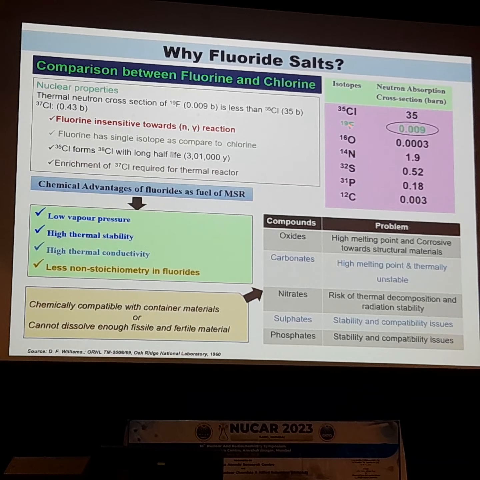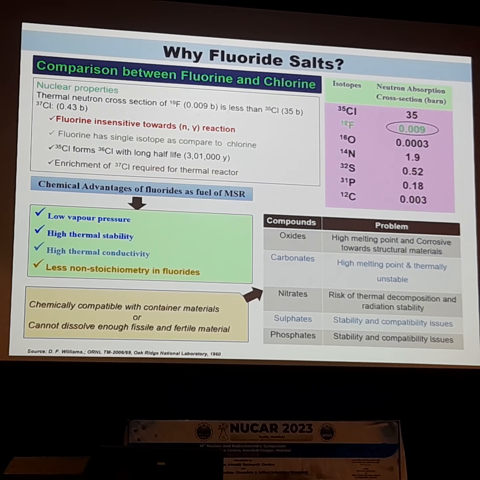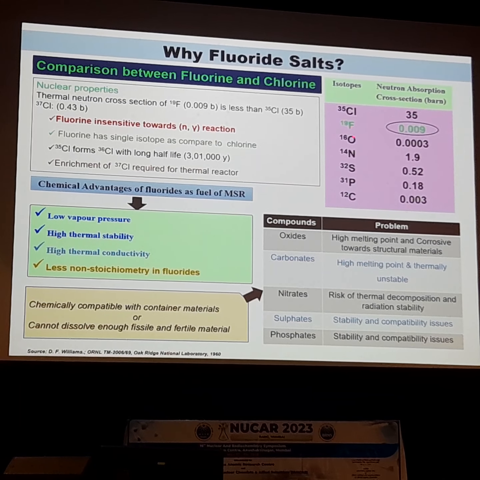So fluorine has a lower thermal neutron absorption cross-section compared to chlorine, and it is less sensitive towards the n-gamma reaction. Other advantages are that it has a low vapor pressure, high thermal stability, high thermal conductivity, and it forms less non-stoichiometric compounds, as reported.